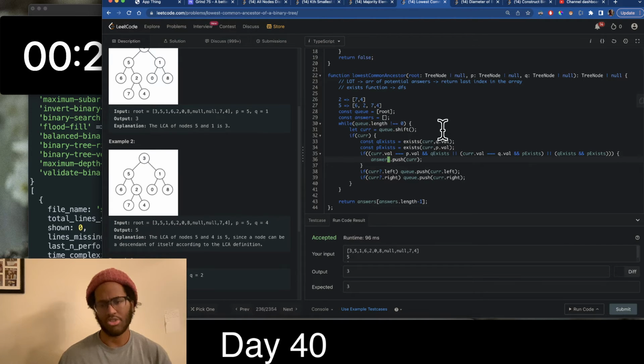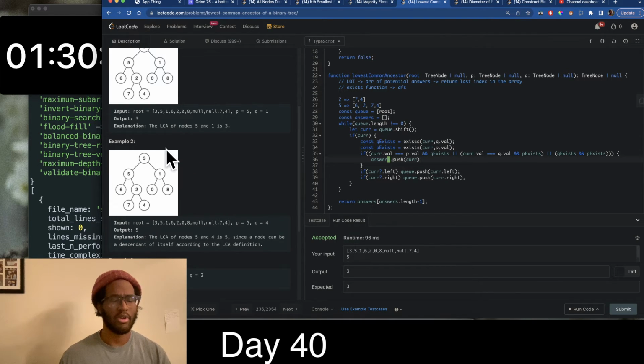So if we have a potential answer here, answers.push cur, potential answer here, 3, we have 5 and 4. 3 is a potential answer here. It's level order, so we end up visiting the whole thing.